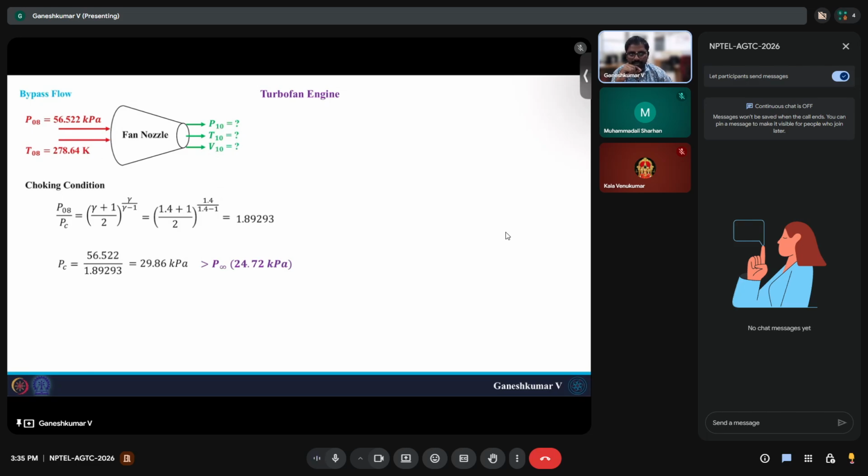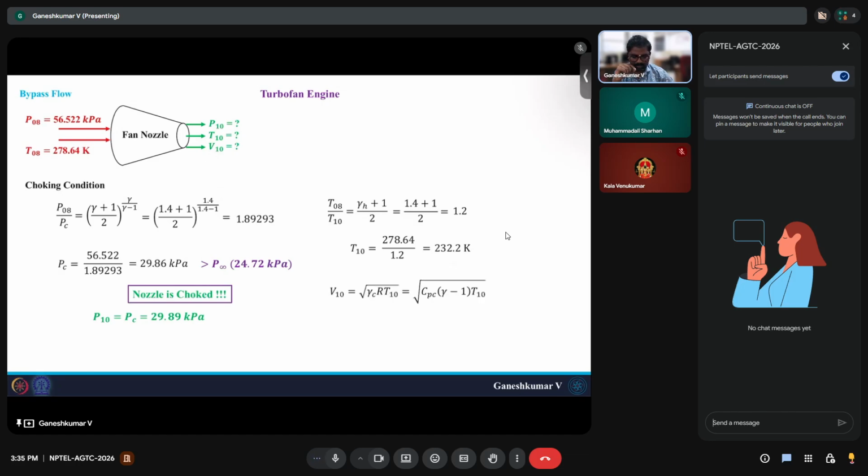Since it's higher, again the nozzle is choked, and hence your exit pressure is the same as the critical pressure, which is 29.89 kilopascal. And the temperature, again you can rearrange it, you will end up having 232.2 Kelvin.